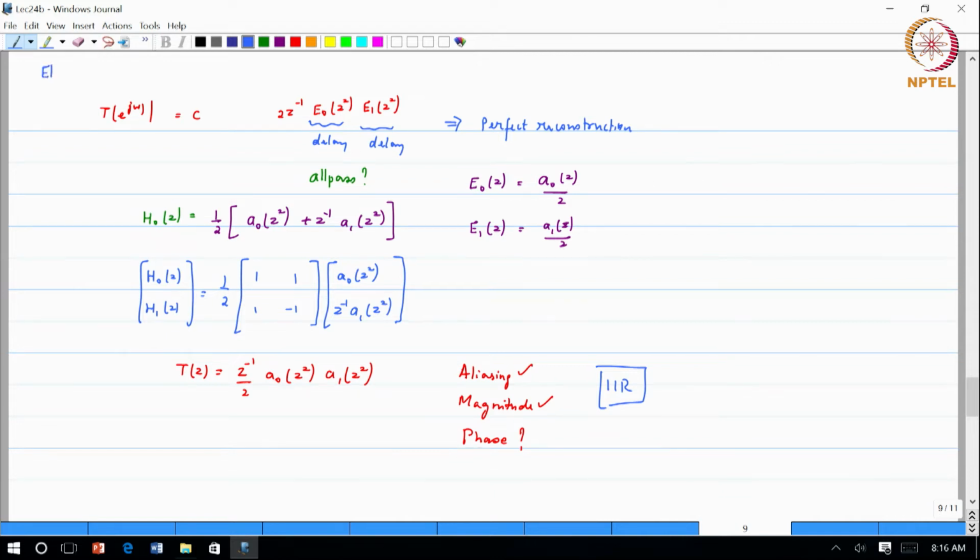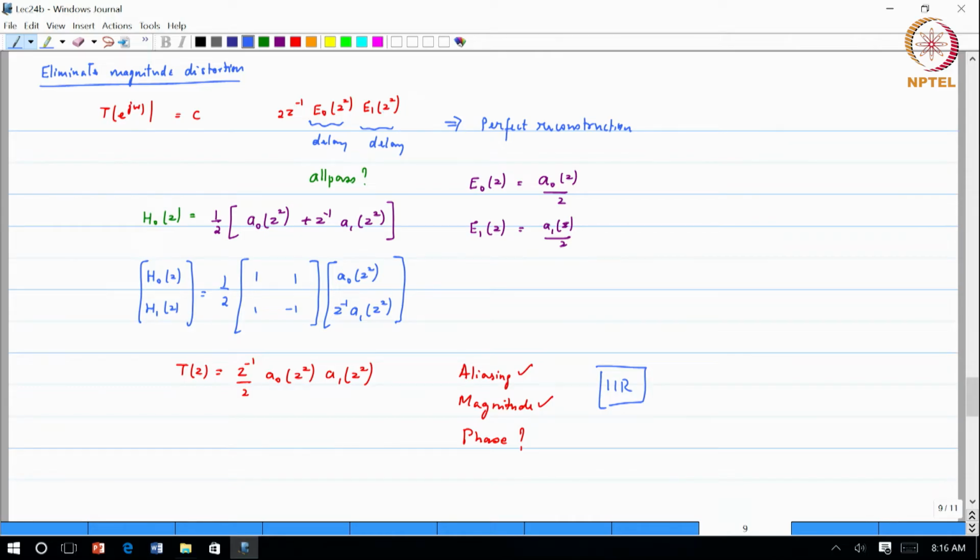So, eliminate magnitude distortion. You are back to a problem that we have studied before, but hopefully with a little bit more insight that we can derive this time. The overall transfer function will be 2 times Z inverse E naught of Z squared E 1 of Z squared. The last time we forced them to be delays; it is not necessary.